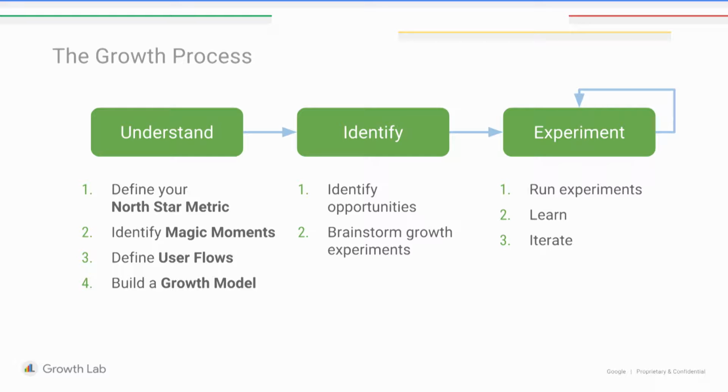After you do that, once you understand as much as you can about how they're using your product, you can then identify growth opportunities and figure out things that you can change within the product to engage these users more and retain them longer. And then the last part is, once you've identified some experiments, you run these experiments, figure out what you learned from them, and iterate again and again and again. So we'll be focusing on the understand phase in the product growth process.